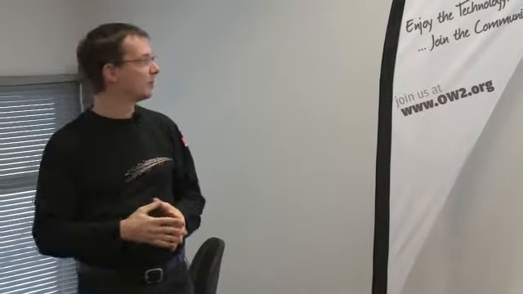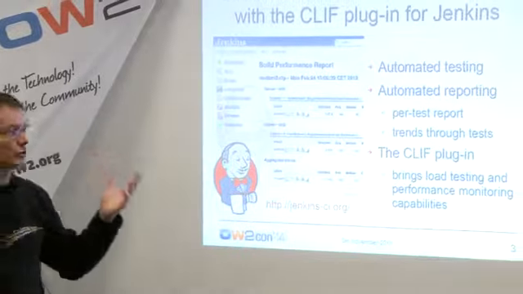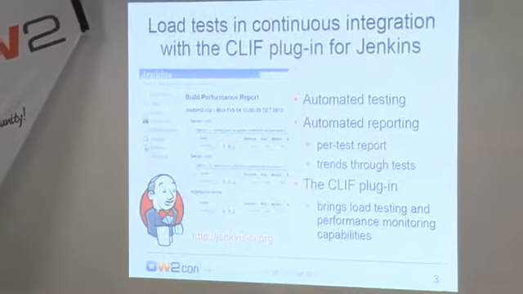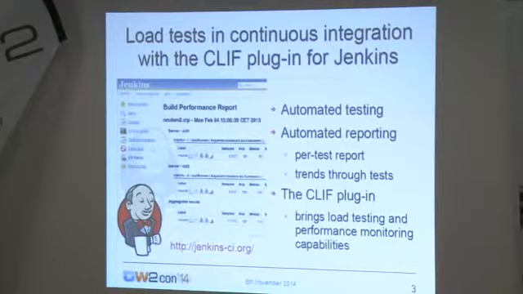Now I have presented CLIF. Now let's have a look at Jenkins. The idea in this talk is that we are going to do some load tests in continuous integration, starting from the Jenkins continuous integration server. As I said in the introduction, the idea is to automate the test and also to automate the reporting and the analysis of the results of the test.